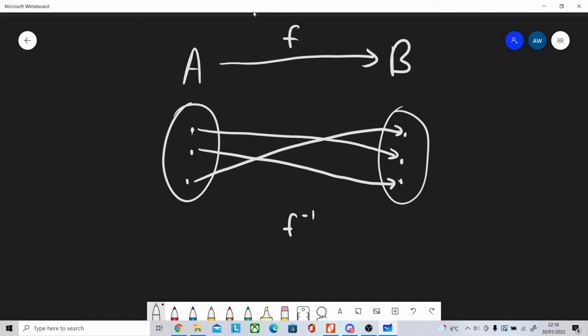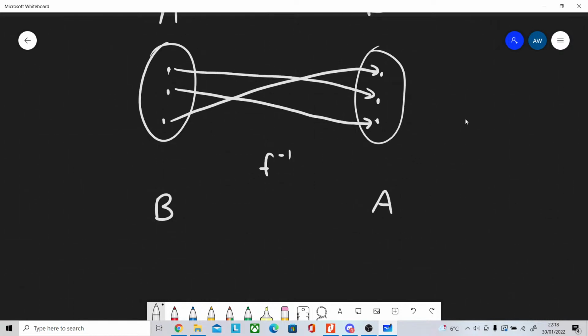So instead of having the domain A, it will have the domain B, and instead of having the codomain B, it'll have the codomain A. Right, but this is not a function just yet, right? Because a function requires instructions on how to map the elements of the domain to elements of the codomain.